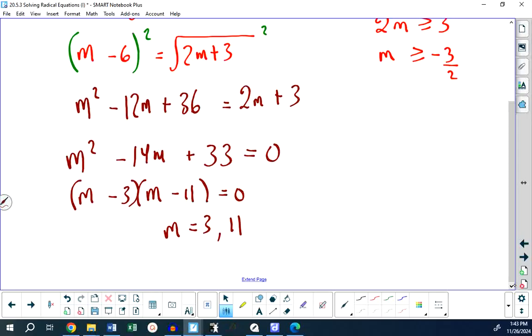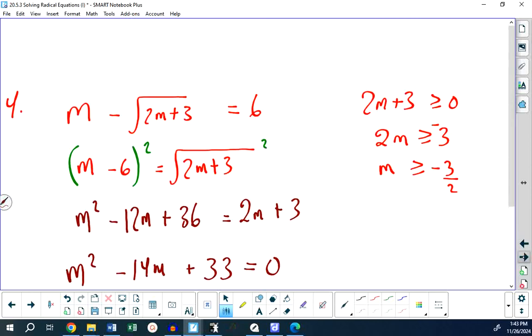Both 3 and 11 are in this domain, but as we've already seen, that doesn't mean anything. We have to put 3 in here. And if I do, I'm going to get 3 minus 3.